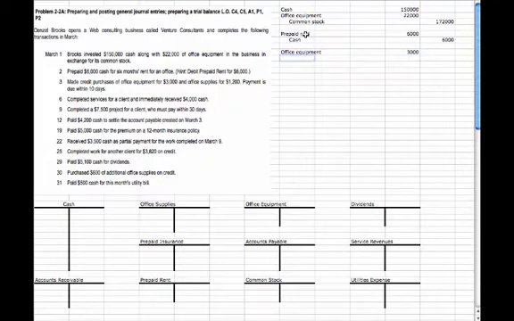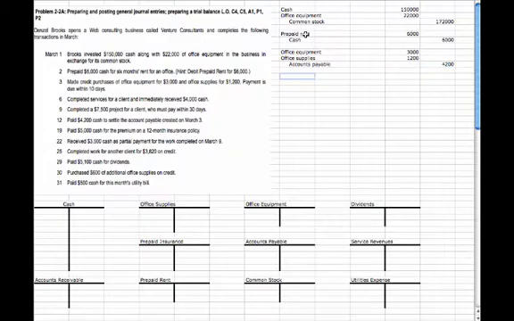We also purchased office supplies, and the office supplies are going to go up by $1,200. But we bought it with credit, so therefore we have a liability or an obligation. And so we're going to increase the liability with a credit entry for $4,200.